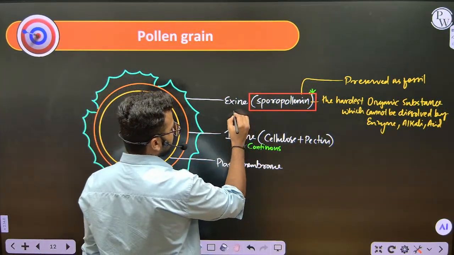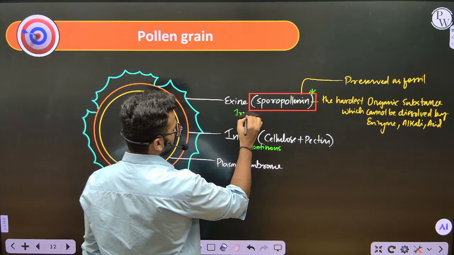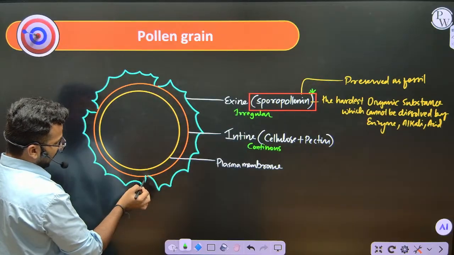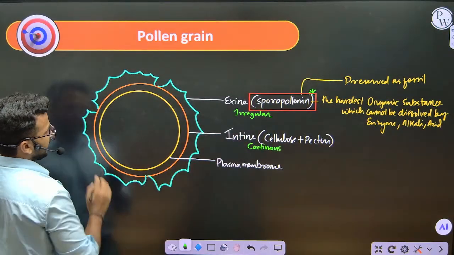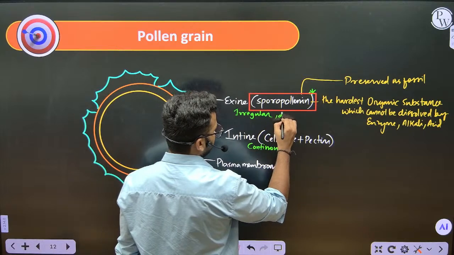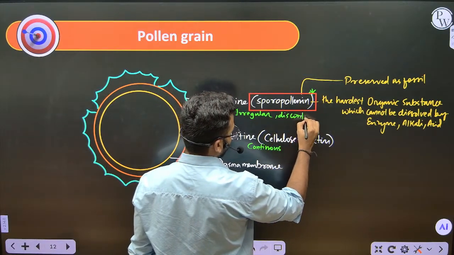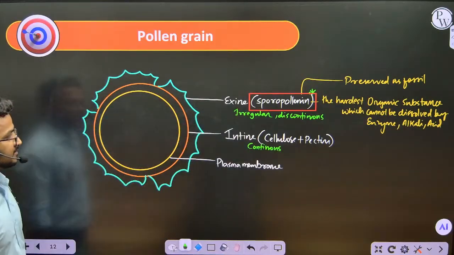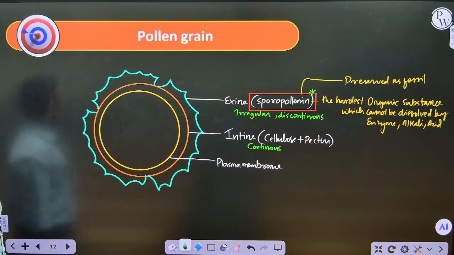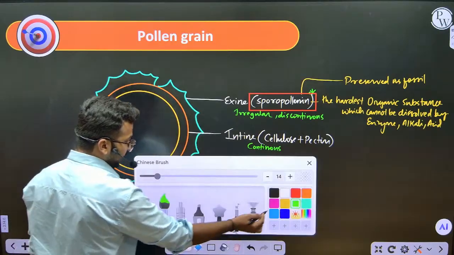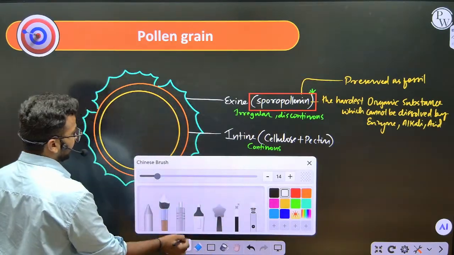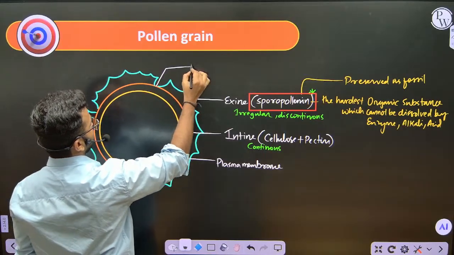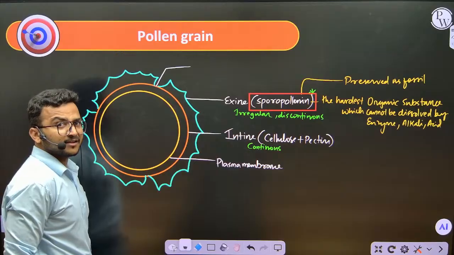If you see exine, it is irregular, discontinuous. See, somewhere there is absence, there is no sporopollenin present. So it is a discontinuous layer, irregular in shape, and it will show different textures. And there are some spaces where sporopollenin is absent. See here, you can see there is no sporopollenin. Here sporopollenin is not there.